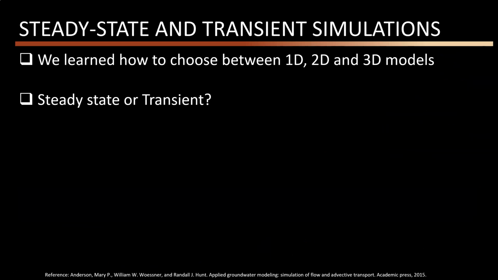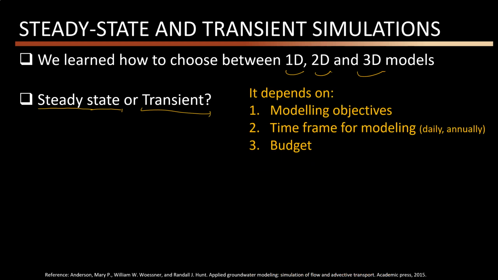If you remember in previous videos, we talked about how we need to decide whether to have 1D, 2D, or 3D models. Now we need to decide whether to have a steady state model or a transient model. Answering this question depends on the modeling objectives and the time frame for modeling.